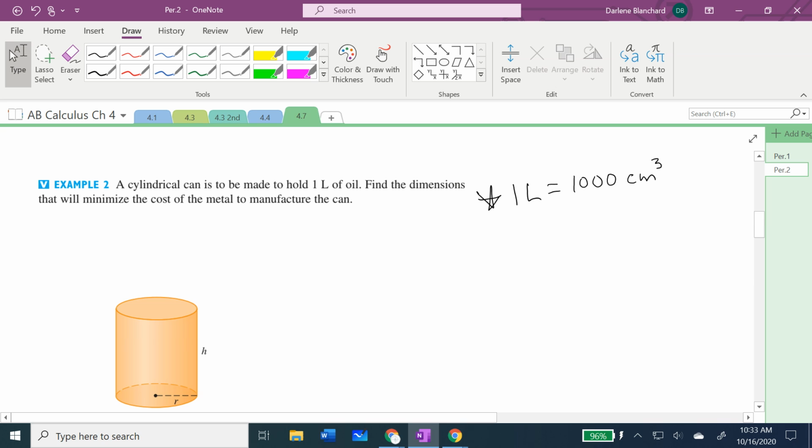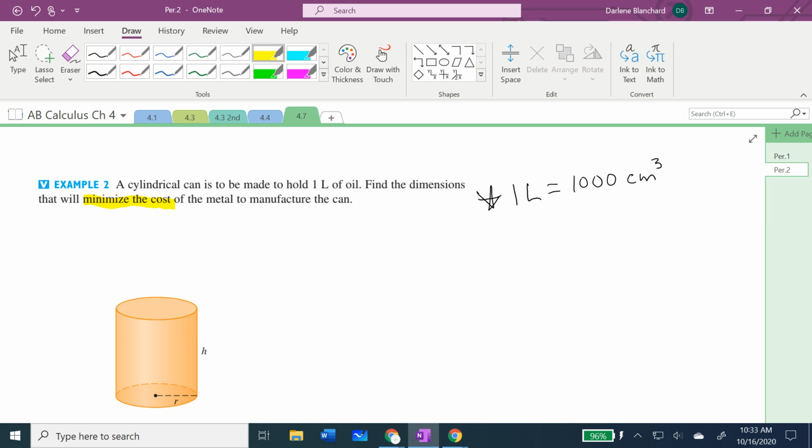So with example 2, we want to look at what do they want us to minimize or maximize. This says find the dimensions that will minimize the cost of the metal to manufacture the can. So basically what they're describing is maybe you take some flat piece of metal and you make shapes, and then the metal folds together to make a cylindrical can.